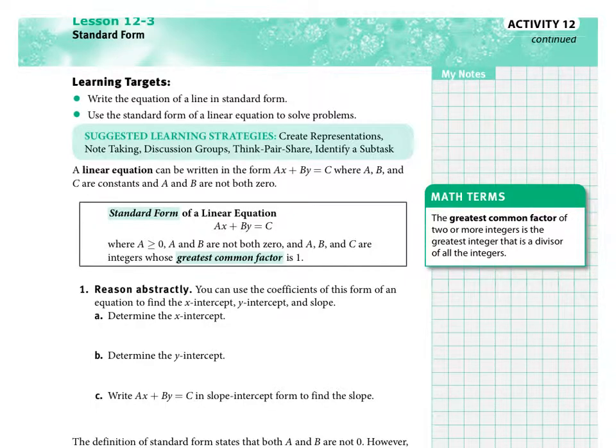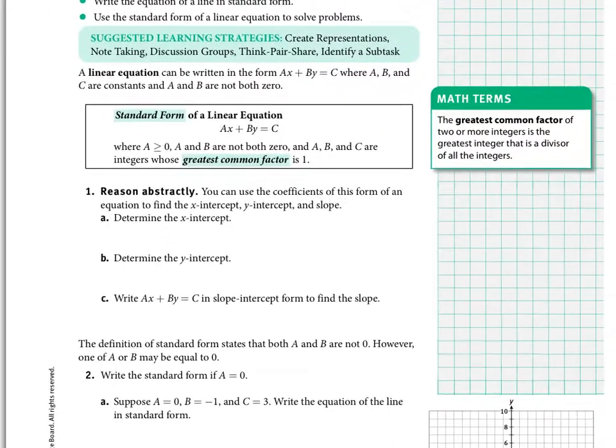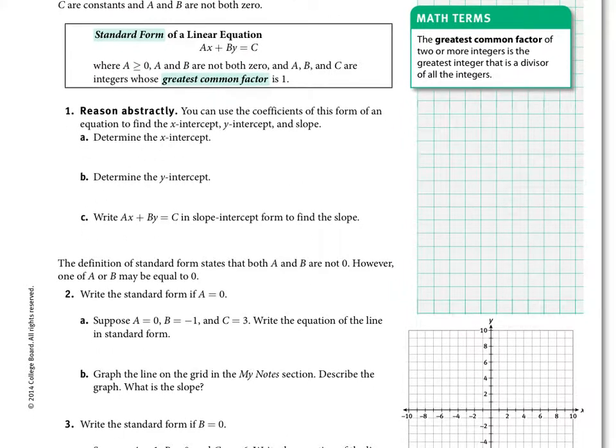So as we scroll down, the reason that we like standard form is it makes finding the x-intercept and the y-intercept much easier to find. So here's our standard form again.